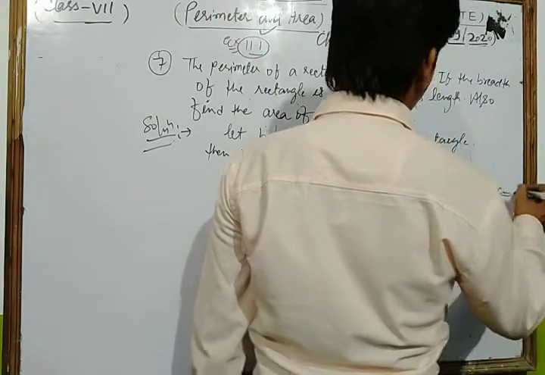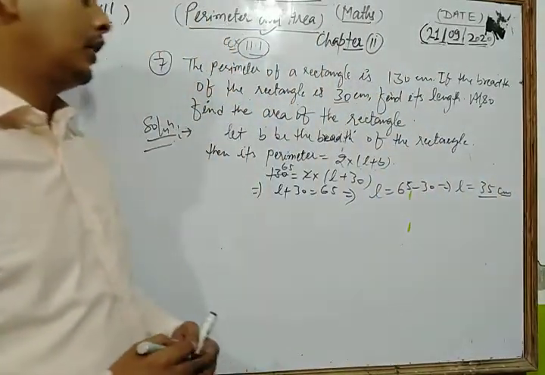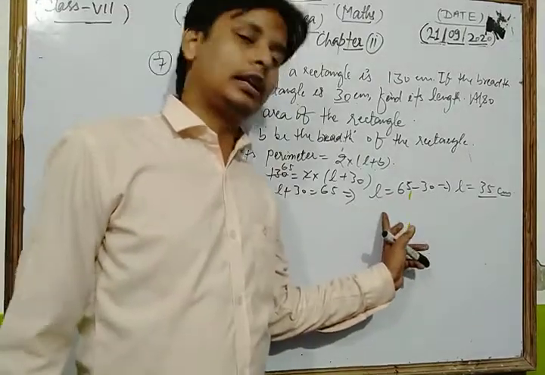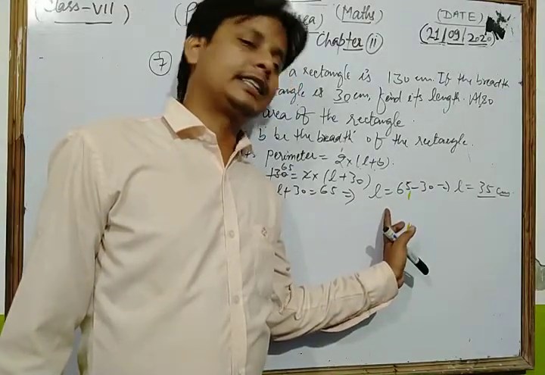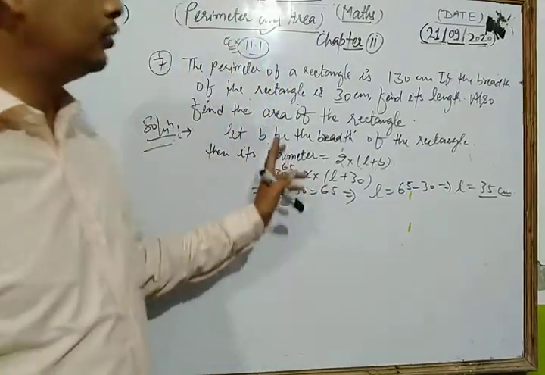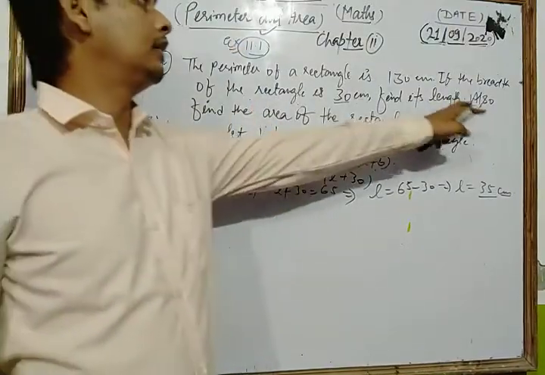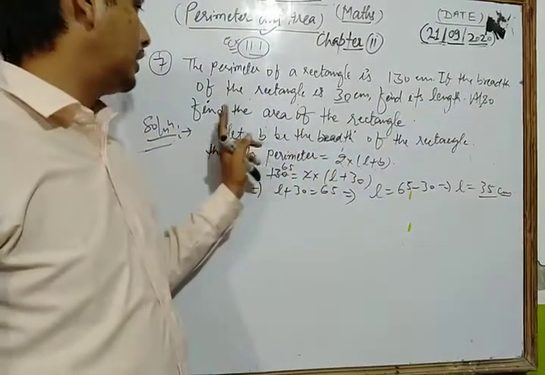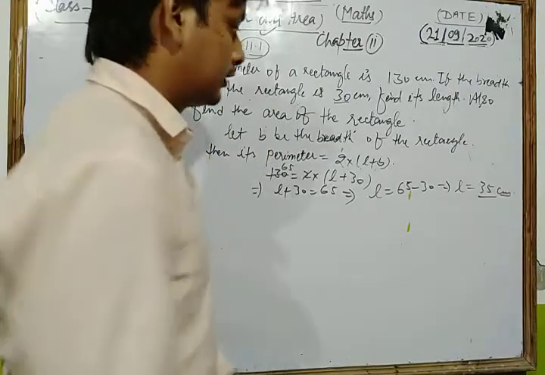35 centimeter. In this way, we get the length of the rectangle is 35. Now we also find the area of the rectangle.